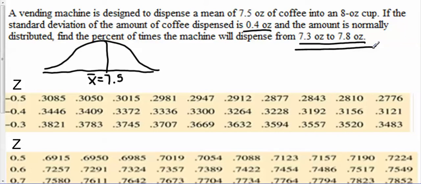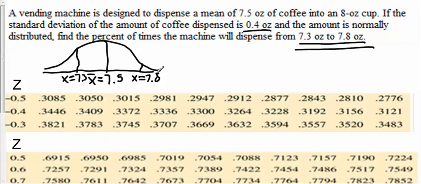Well, since 7.3 is less than the mean of 7.5, we go to the left of 7.5 and label x is equal to 7.3. And 7.8 would be to the right of 7.5, so there's x of 7.8.